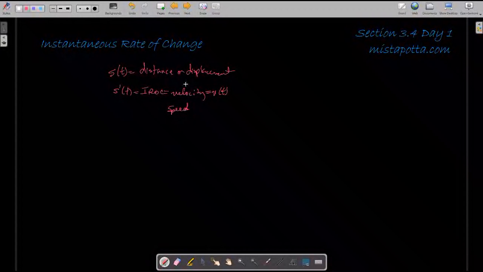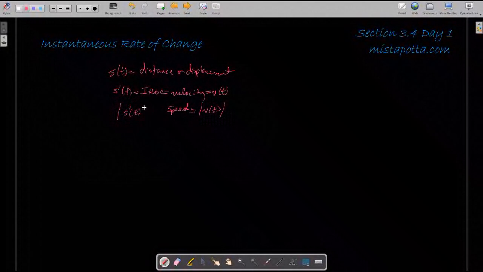Because we have the absence of sign, this really is the absolute value of my velocity function, or the absolute value of my instantaneous rate of change function. So speed is going to be the absolute value of my derivative function.